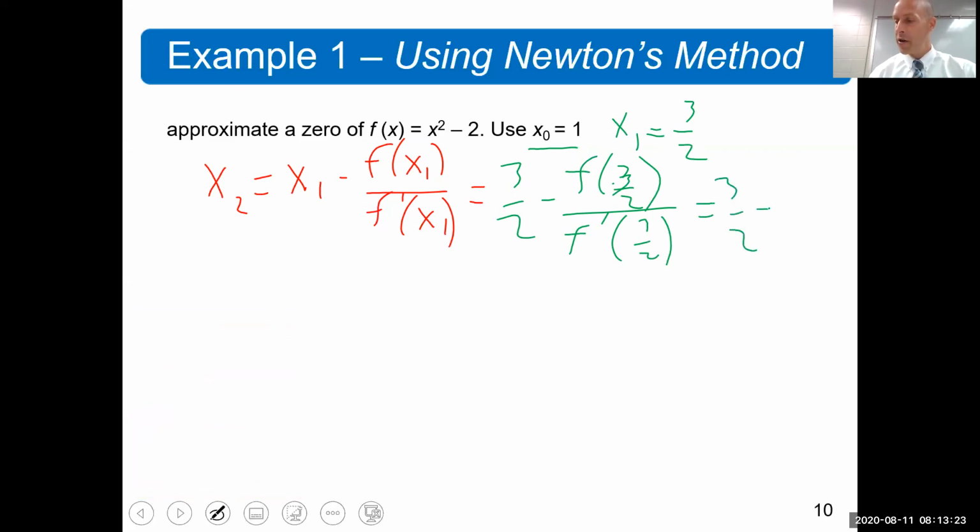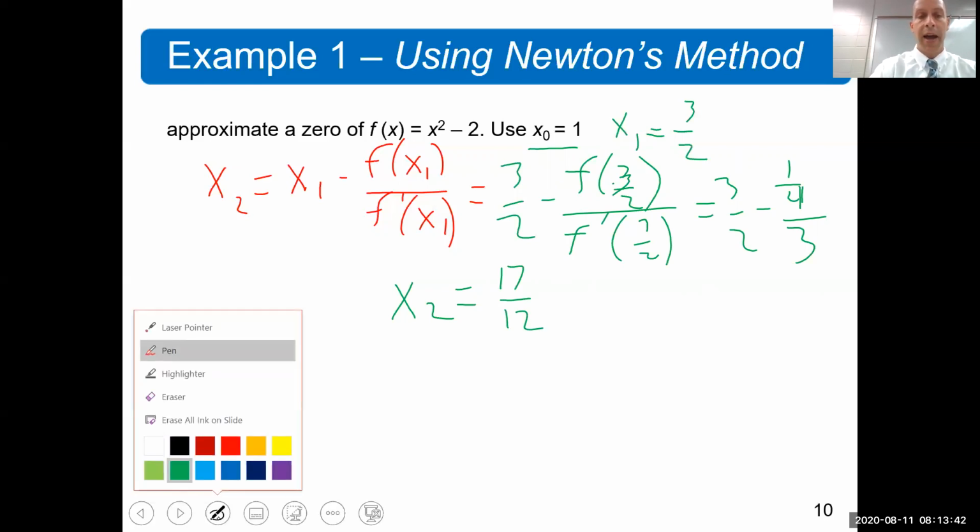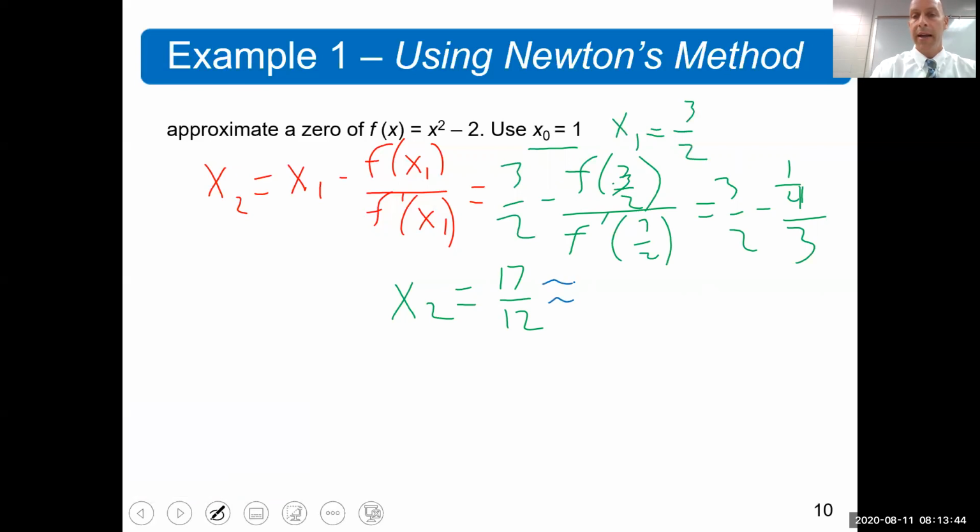Minus, and then that numerator there is going to be 1/4, and then the denominator here turns out to be 3. Now, I've already done this work. So that tells me then that x sub 2 turns out to be 17/12. Now, just to give you some idea of what that is as a decimal, that's approximately 1.4167.